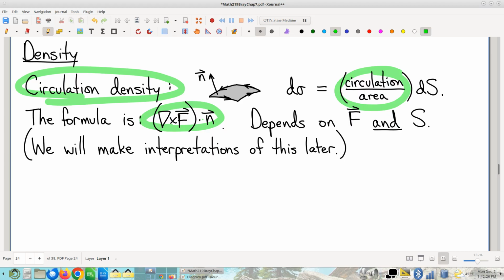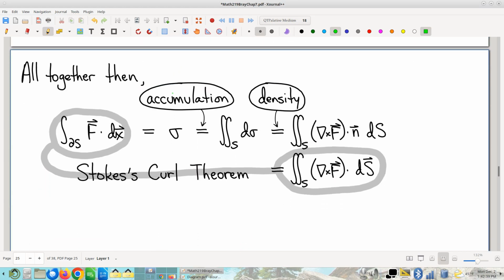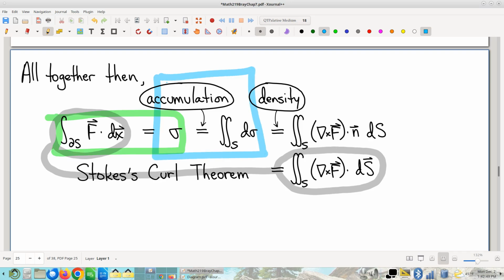And as usual, I'm not going to derive this formula. I'm going to say it's a lot of details. Very important, of course, but it's ultimately details. So the big punchline, and I think this is where we ended last time, we decided to entertain this stuff called circulation. We observed that it's an accumulating quantity.